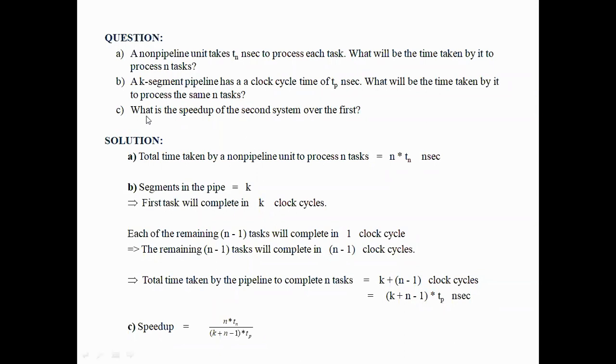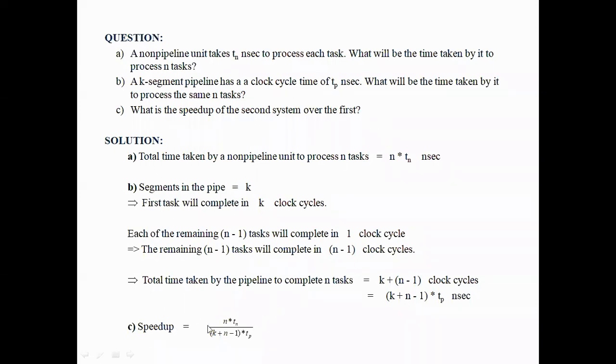Now the third part, C, says, what is the speed up of the second system over the first? How much faster is the second system, this pipeline system, than this non-pipeline system? Very simple, we can do this by finding the ratio of the two. The time taken by this divided by the time taken by this will be the speed up.